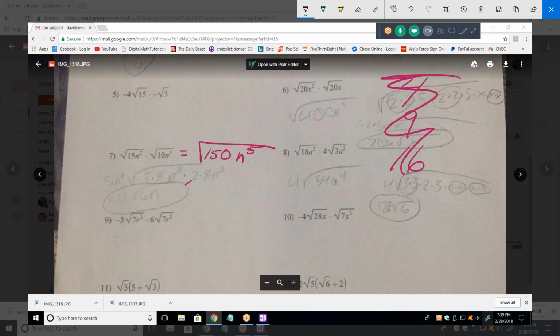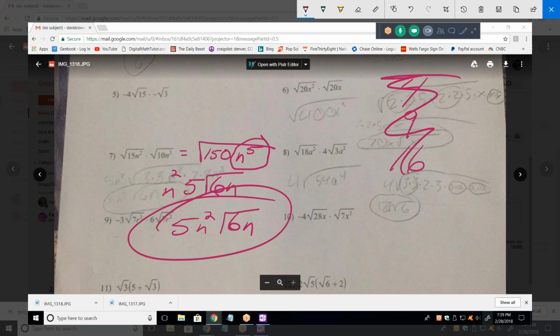That means the 5 comes out there, leaving root 6. That's the square root of 150. Now, what can you do with the n to the 5th? You can factor out n squared and then leave one n inside. And normally you want to write this with the 5n squared, but there's your answer right there.